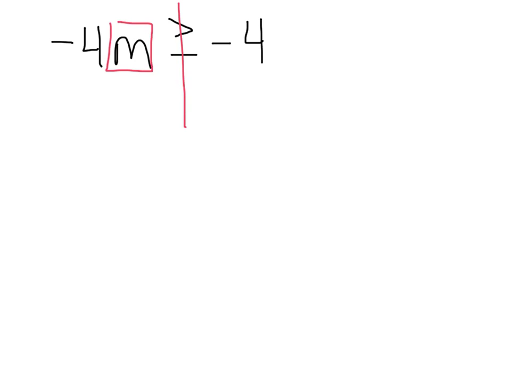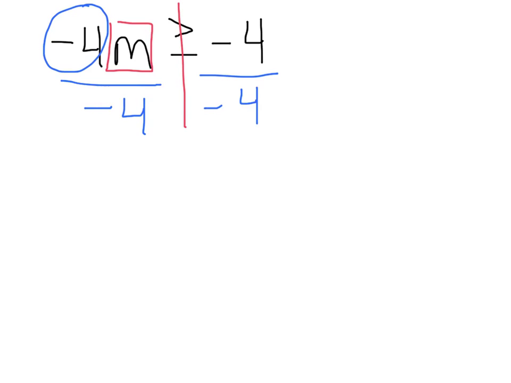You have to remember, when your coefficient, and this is our coefficient, the negative 4, is negative, we always flip our inequality sign. Negative 4 and m are multiplying, so the inverse operation is to divide by negative 4 on both sides.